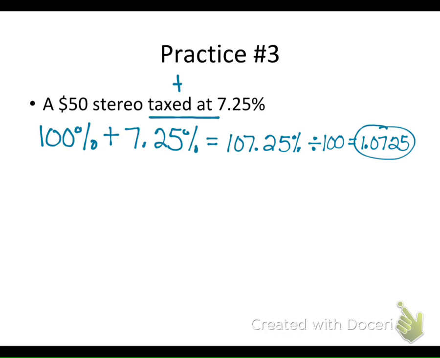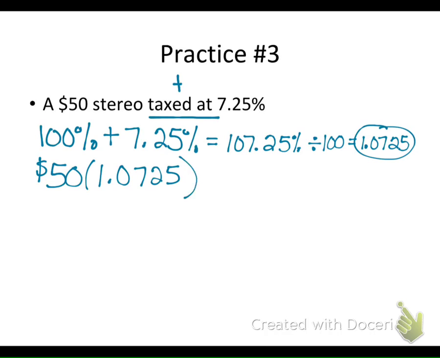Step 4, what do I do? Who knows the last step? Kelly. Okay, so what's my actual amount? So I'm going to take $50 times my multiplier, which was what? Yeah, that long number.